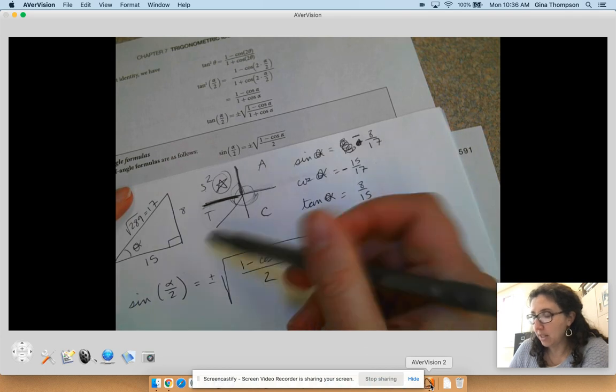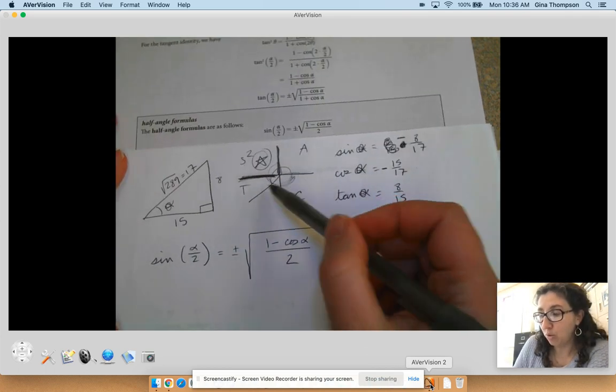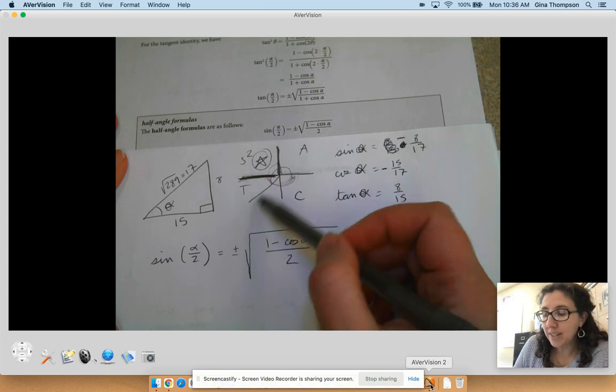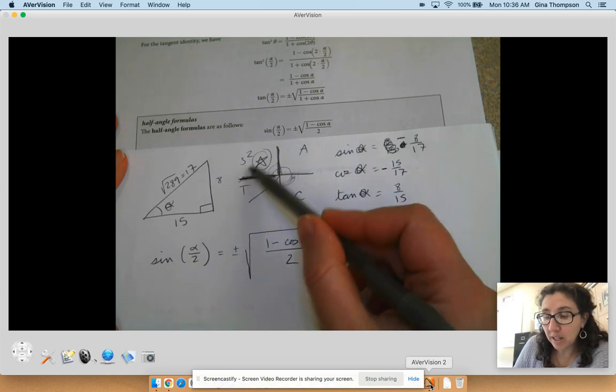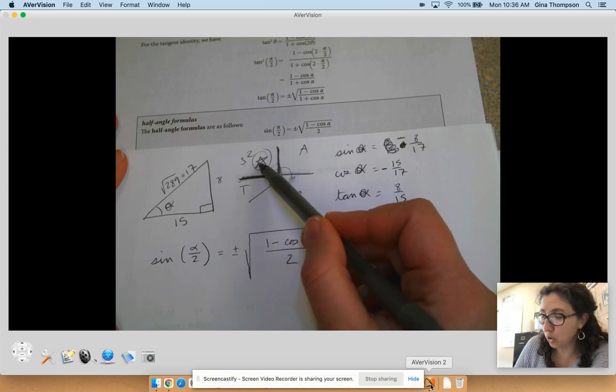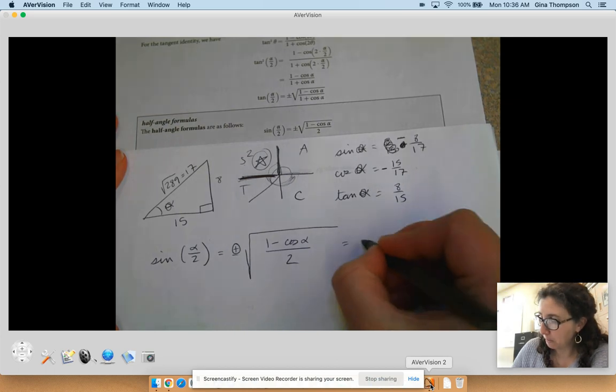Before we figure out what this is, is this going to be plus or minus? Well, our original angle was in quadrant 3. Sine of alpha over 2 is in quadrant 2, like we talked about. Okay, so in quadrant 2, sine is positive. So it's going to be the positive.